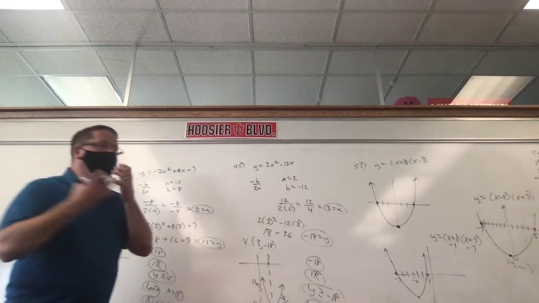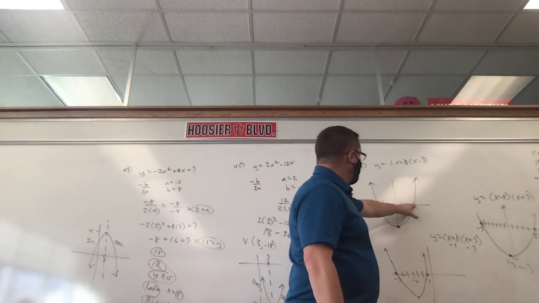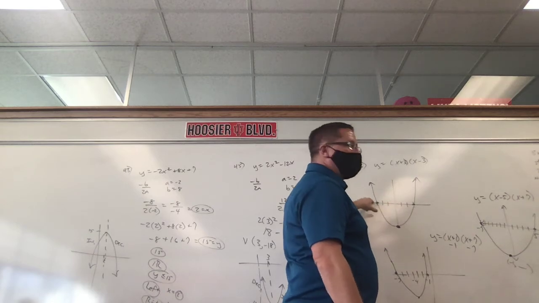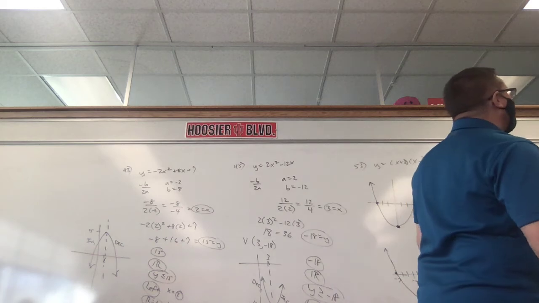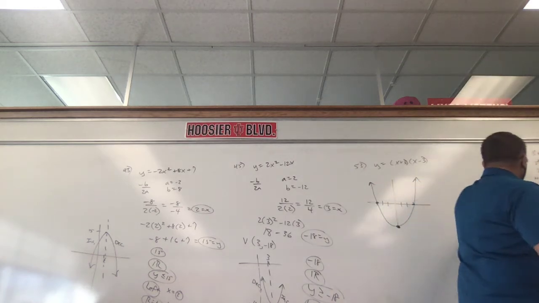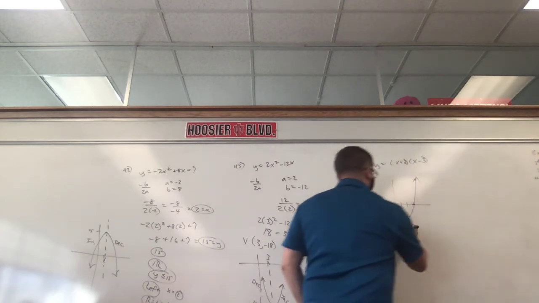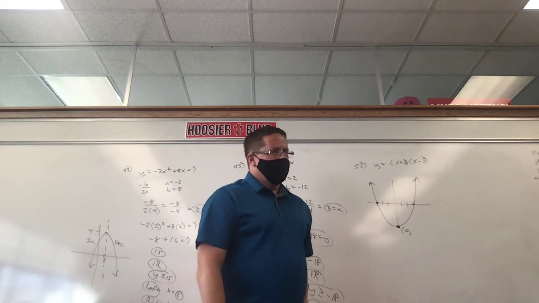All right. So it's smack dab in the middle. So how do I know it goes through 0? Because 0 is 3 away from 3 and 3 away from -3. So the vertex, what do they want? They want the vertex, the x-intercepts, and axis of symmetry. So we know that the vertex is 0 negative something.